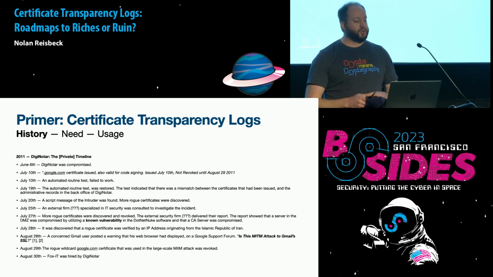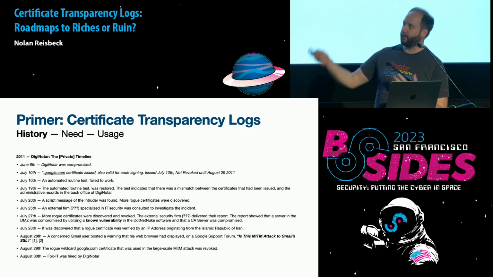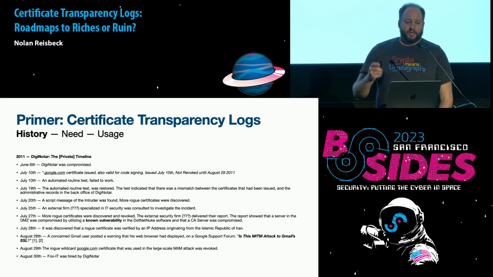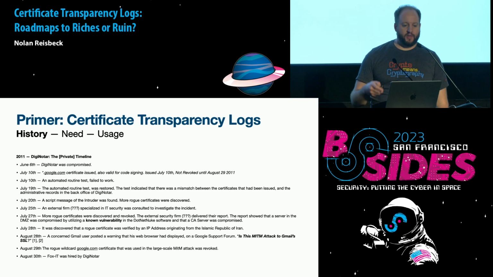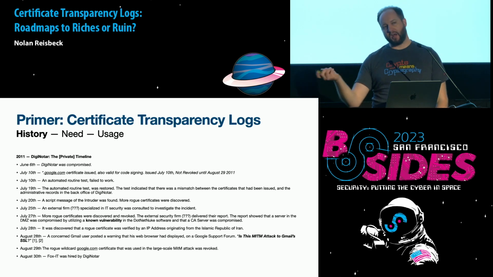DigiNotar was compromised way back on June 6th, which is far before August, when our friend posted that to the Google forums. July 10th, there was a wildcard certificate issued for google.com. And so that's not just mail.google.com.